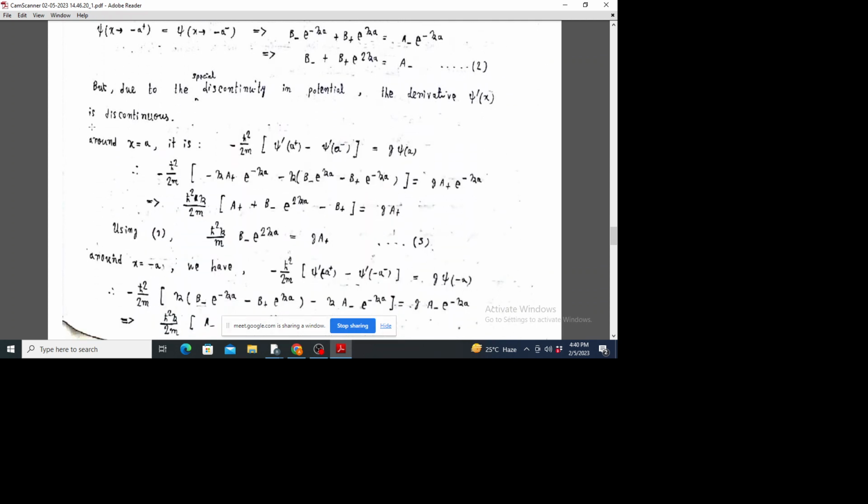and now we will have this one. So around x equal to a, again take the Schrodinger equation with the delta function potential, because if we consider a small interval around x equal to a, that involves the support of the delta function, and if you integrate in that region, the infinity of the delta function will come into play, and that will give a finite non-zero contribution to the Schrodinger equation.